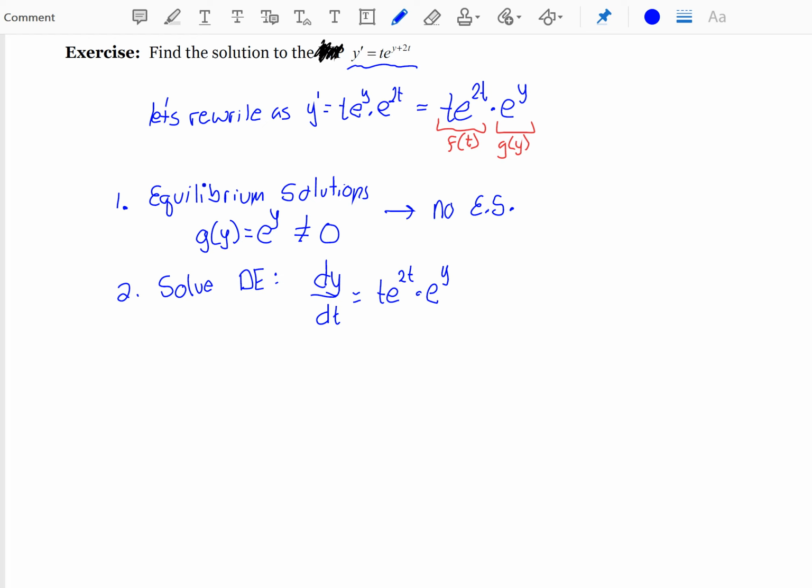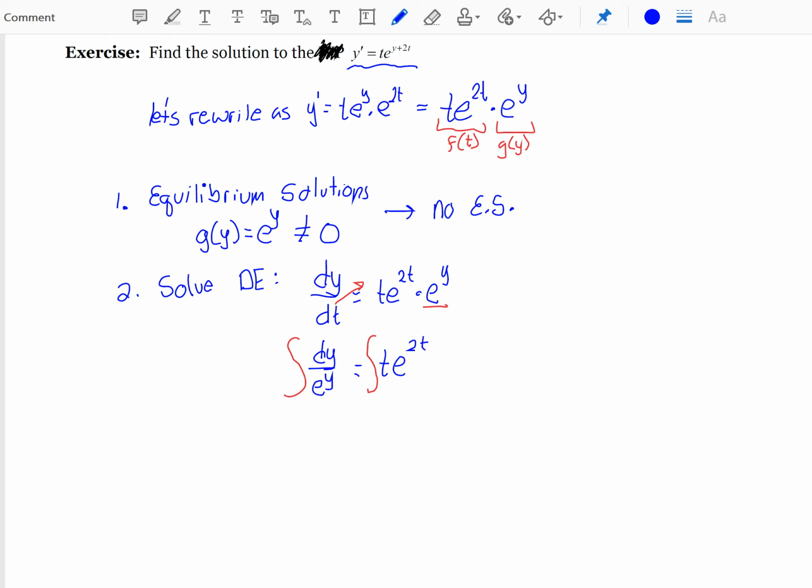So we'll divide both sides by this e to the y term, and then multiply to get the dt on the right. So I'll write this as dy divided by e to the y equals t e to the 2t. And now we will choose to integrate each side of our equation with respect to y and t respectively.